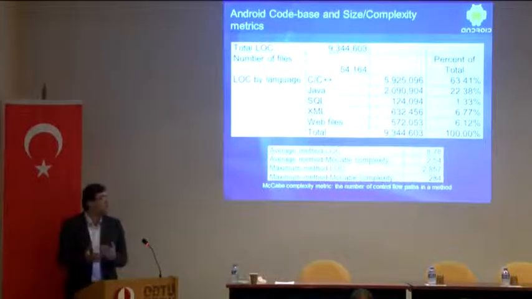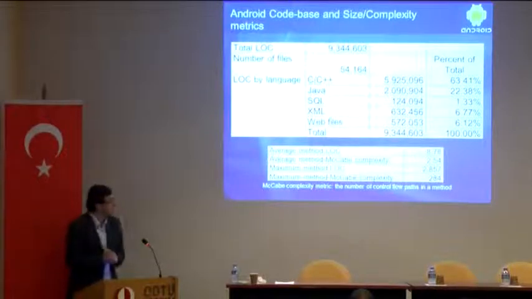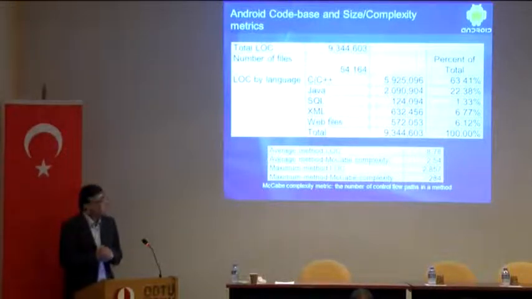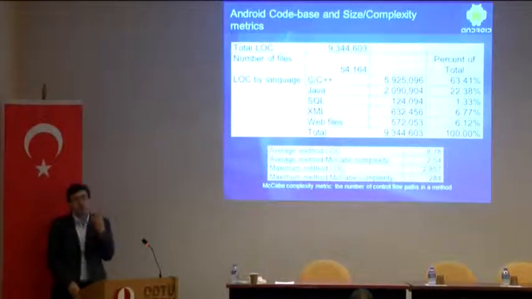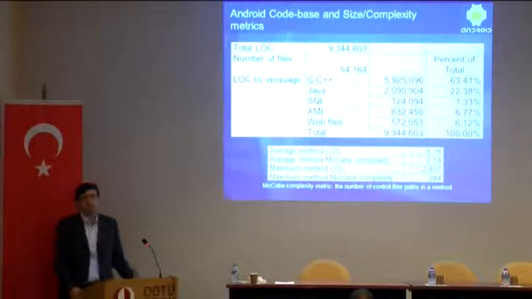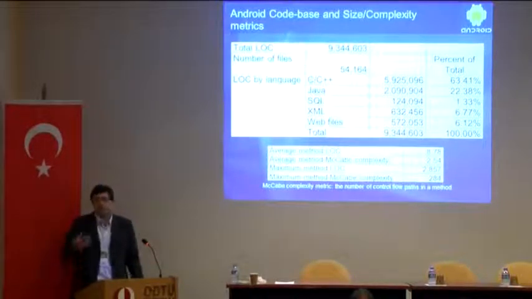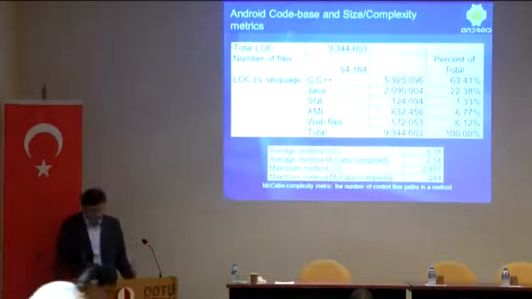It's the average number of control flow paths for a method, for a function. Essentially, if you have, for example, if then else statements, you have if then else, so it will be like 2, right? So you have 2 control flows. On average, it was about 2.5 for the whole code base. So it shows the medium complexity, of course.